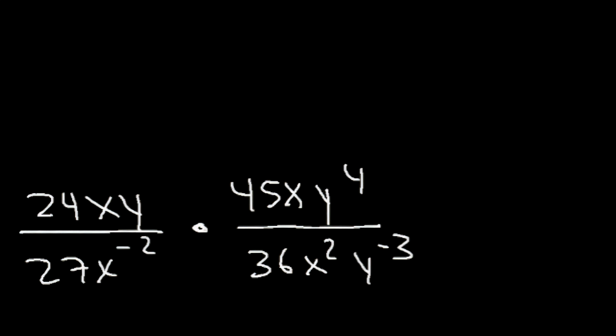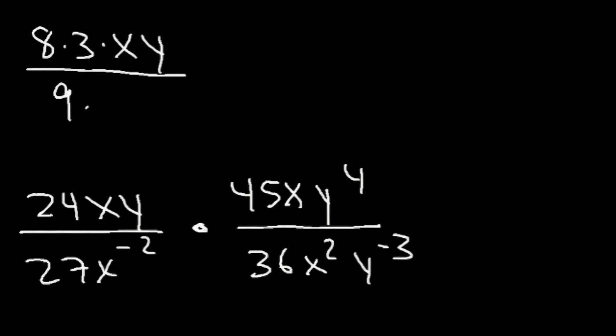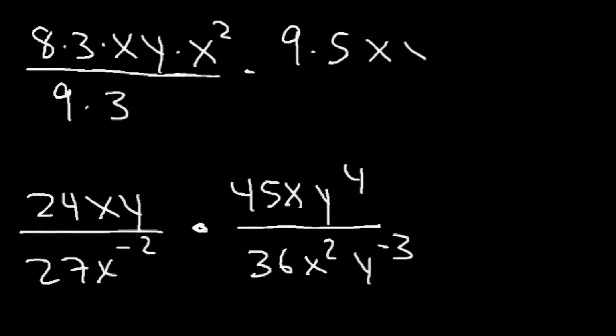So let's rewrite 24 as 8 times 3. 27, we can make it 9 times 3. And we can move the x to the negative 2 to the top. 45, let's make it 9 times 5.